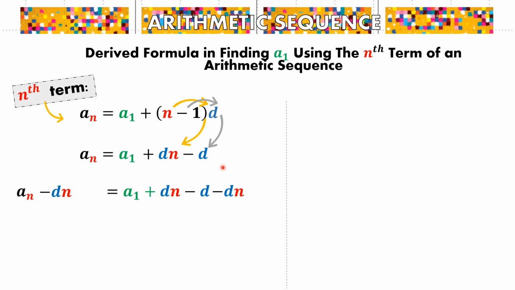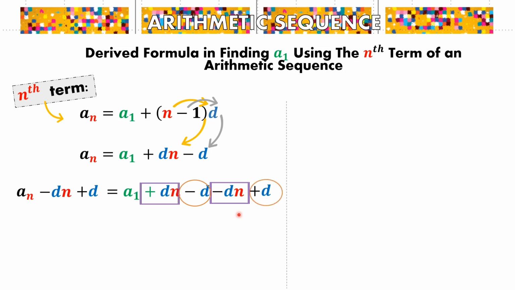To remove this, we need to add d on both sides of the equation. Okay, so we have to combine like terms. dn minus dn is equal to 0, and negative d plus d is equal to 0.